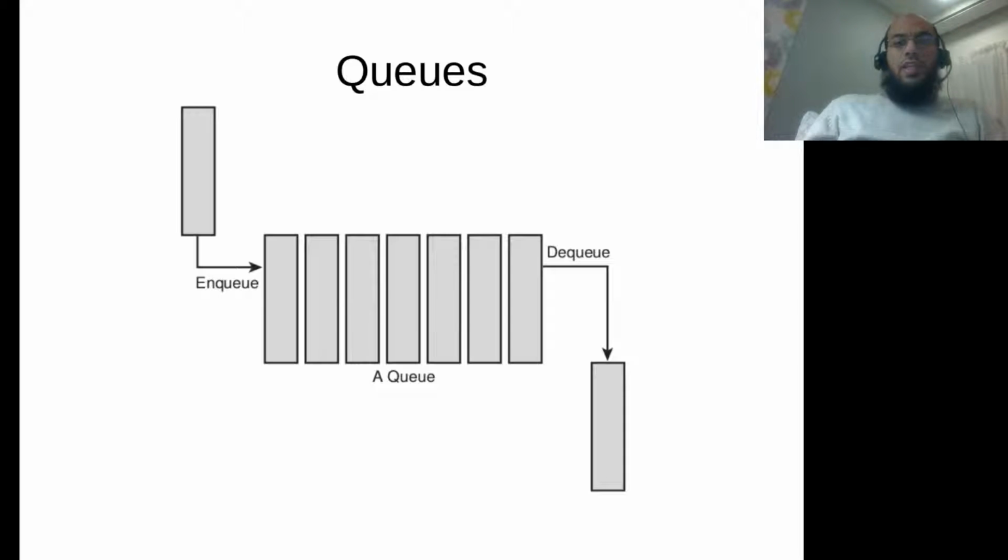So you have the data coming in from the enqueue side and being dequeued from the dequeue side. You can also have what is called a LIFO queue, which is basically a stack. In a stack, you enqueue from one side, but you also dequeue from the same side.